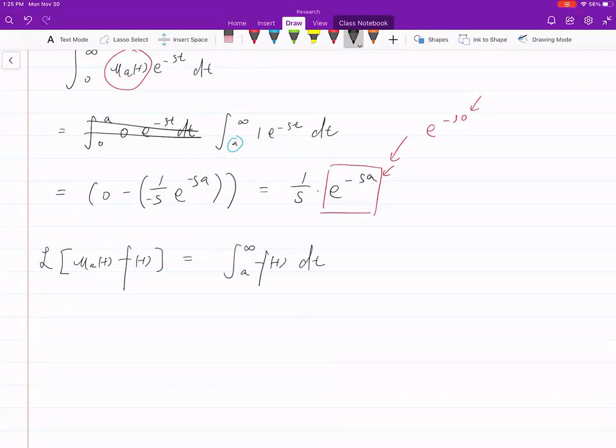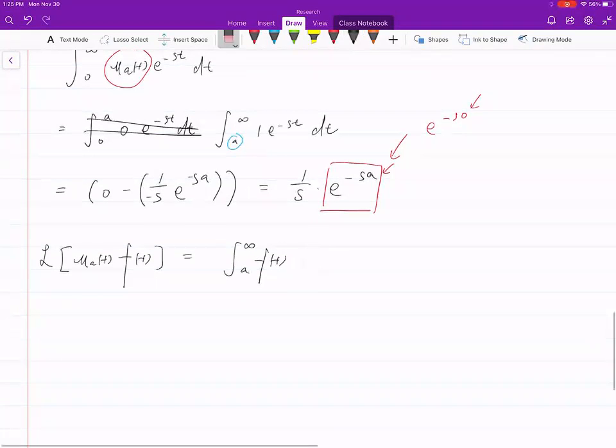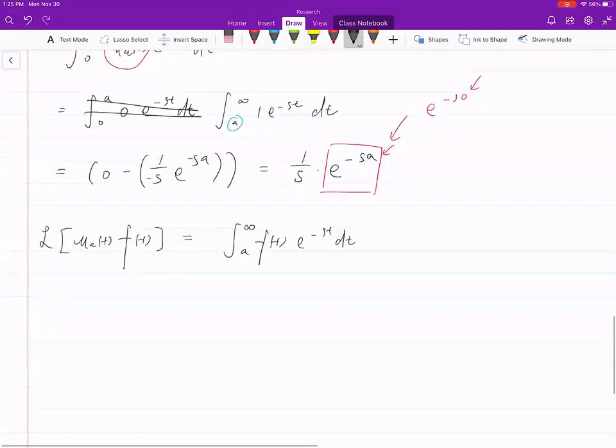Okay. e to the negative st. Okay, it shifted the whole function to the right by this much. Therefore, I think we can write down the general format.